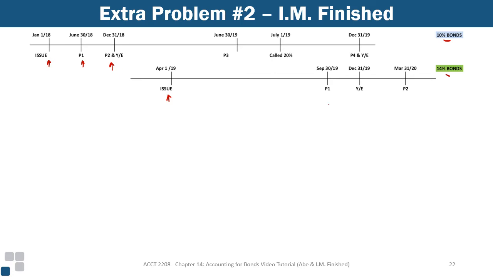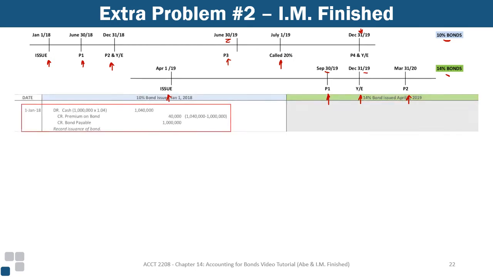Then nothing happens for that bond until September 30th, 2019. But in between, on June 30th, 2019, we have the third payment on the 10% bond. Then on July 1st, the day after, we call 20% of those bonds. And then we have a year end at December 31st. On the 14% bonds, after the payment, we also have a year end on December 31st, and then there'll be another payment on March 31st. But we only have to do our journal entries up to December 31st.